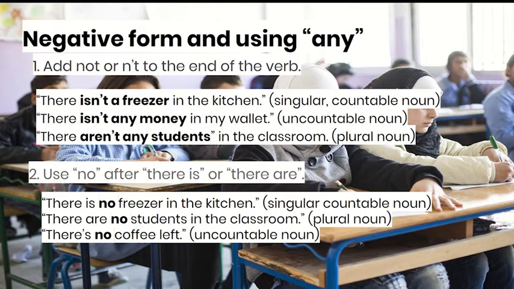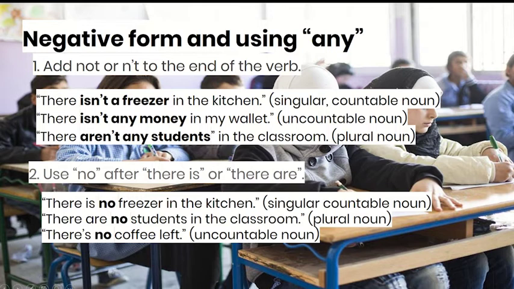Now you could also use there is or there are in negative form by using any. So there are 2 ways for you to use negative form of there is and there are. The first way is to add not or n apostrophe t to the end of the verb. Example, instead of saying there is not a freezer, you could just go ahead and say there isn't a freezer in the kitchen.